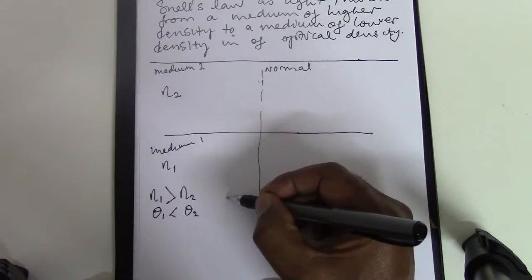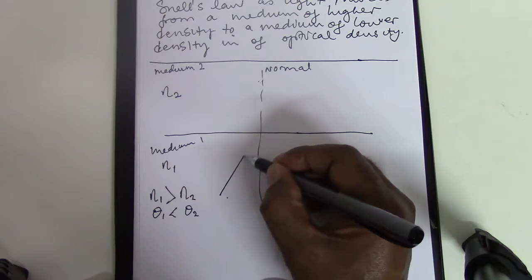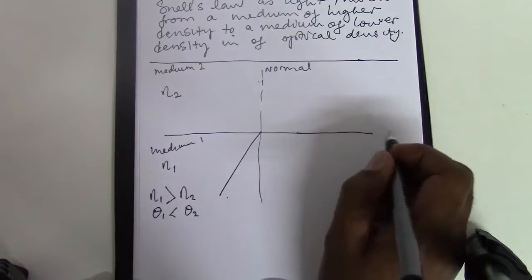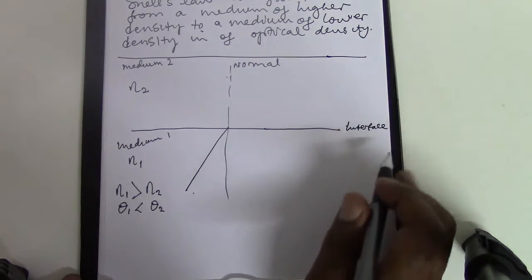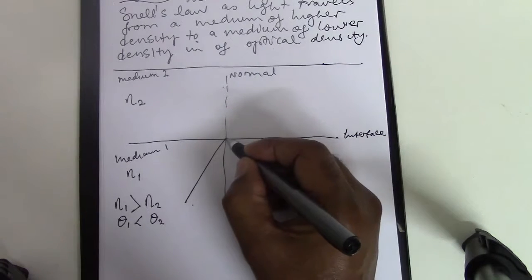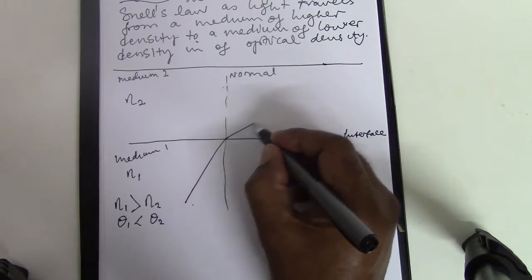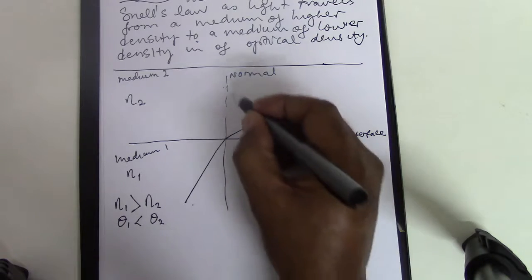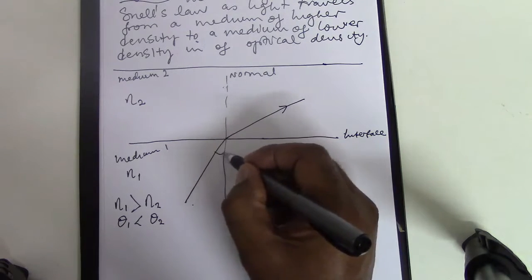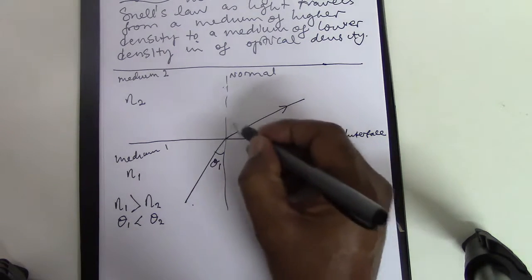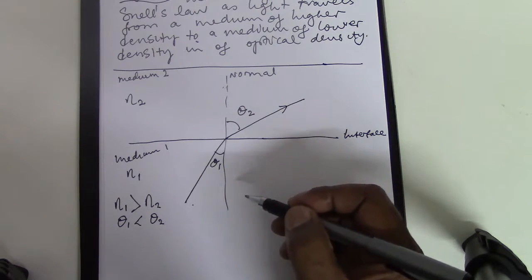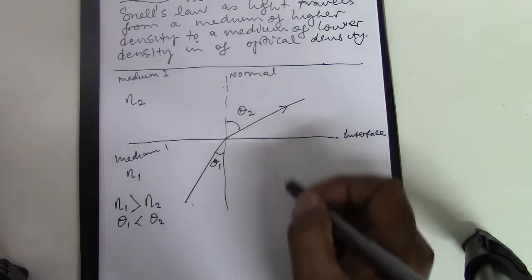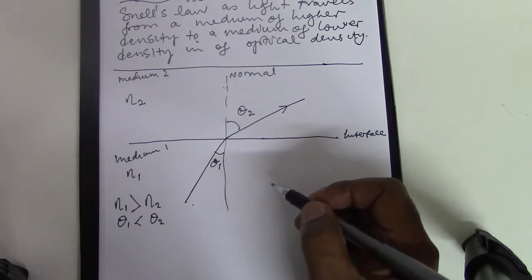Meaning to say, when light strikes the interface, then on leaving the interface, it refracts away from the normal. So this is our theta 1, this is our theta 2.